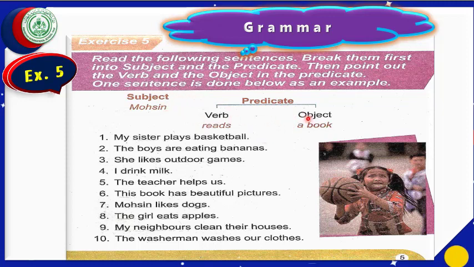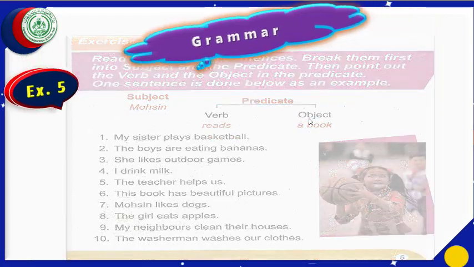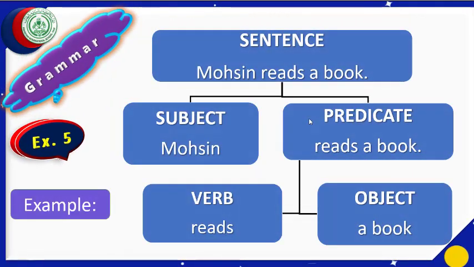First of all, we shall look at the example once again. Dear students, it is mentioned here that we are looking at the example. In the example, the given sentence was Mohsin reads a book. This sentence is broken into subject and predicate. What is the subject in this sentence? Mohsin.